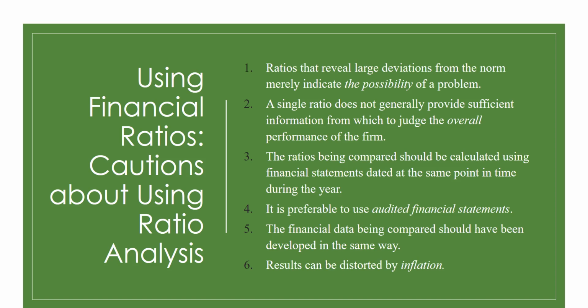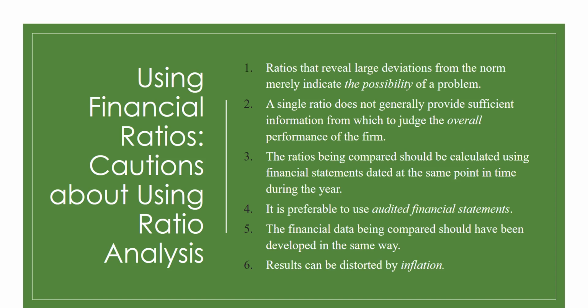So financial ratios, there are some cautions that we need to be concerned of when looking at financial ratios. First up, ratios only indicate the possibility of a problem. So it doesn't mean that there is a problem. It means there could be a problem and that we should further investigate. A single ratio does not give enough information to judge the overall performance of a firm.